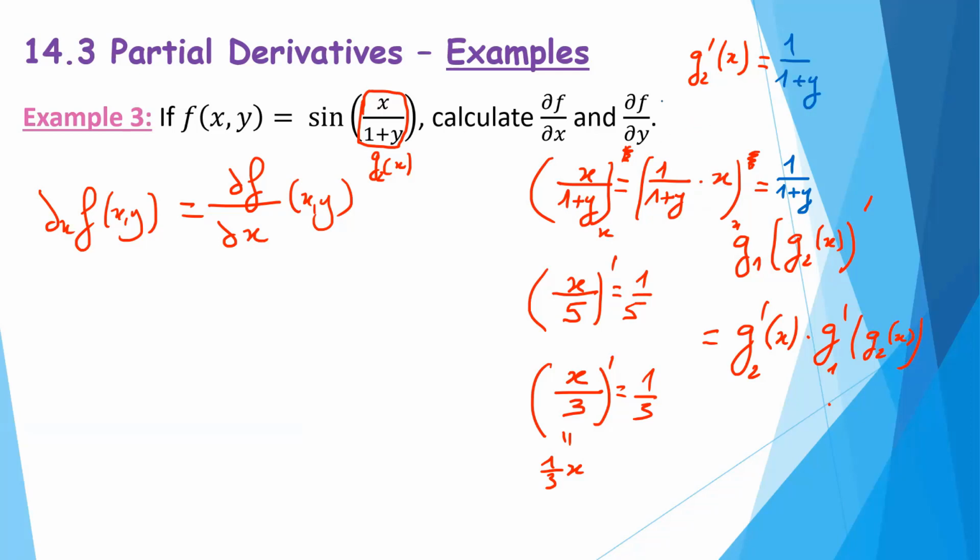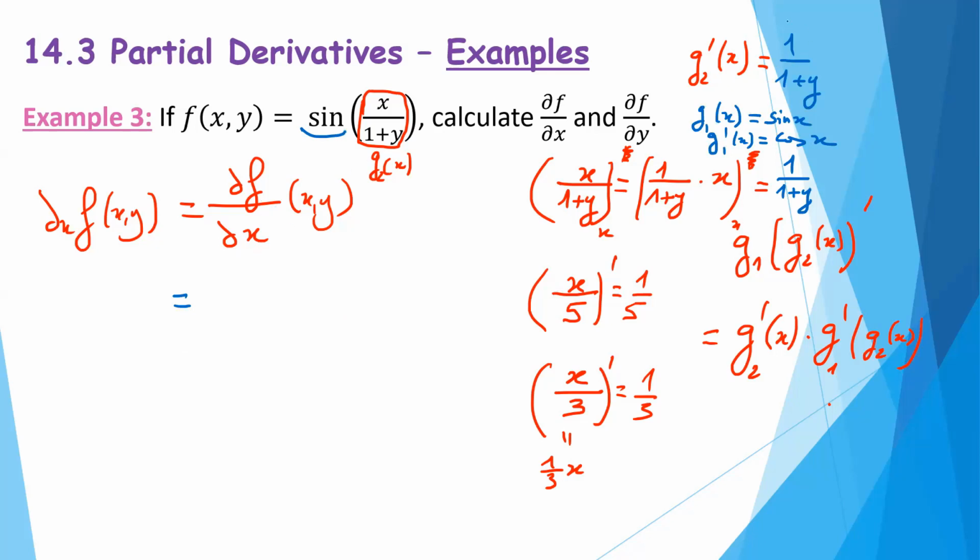Now, what is the derivative of the outer part? So g1 of x is sine x. What is the derivative of sine x? It's cosine x. So finally, what is the partial derivative of f with respect to x?